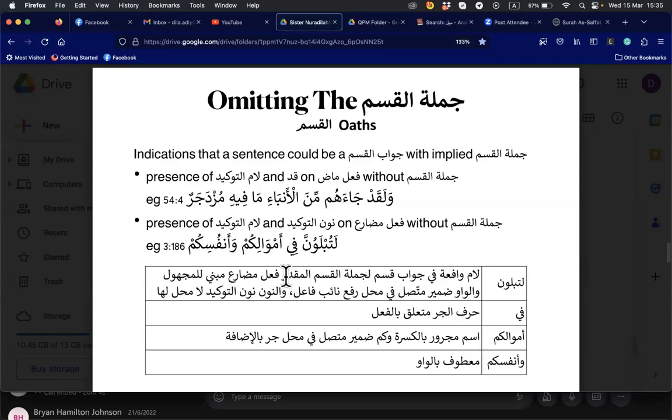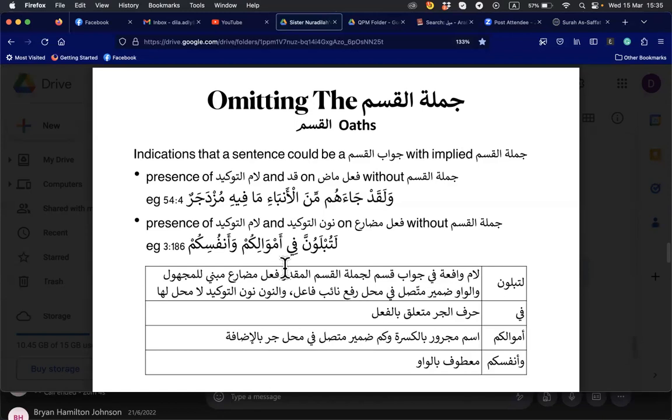We've seen that also in Surah Yusuf when the father asked the sons to take an oath: I will not let Bunyamin go until you all take an oath. That one is quite clear because the word mawthiqah is mentioned there. So definitely most Arab books will see that as lam waqi'ah for a jawabul qasam.